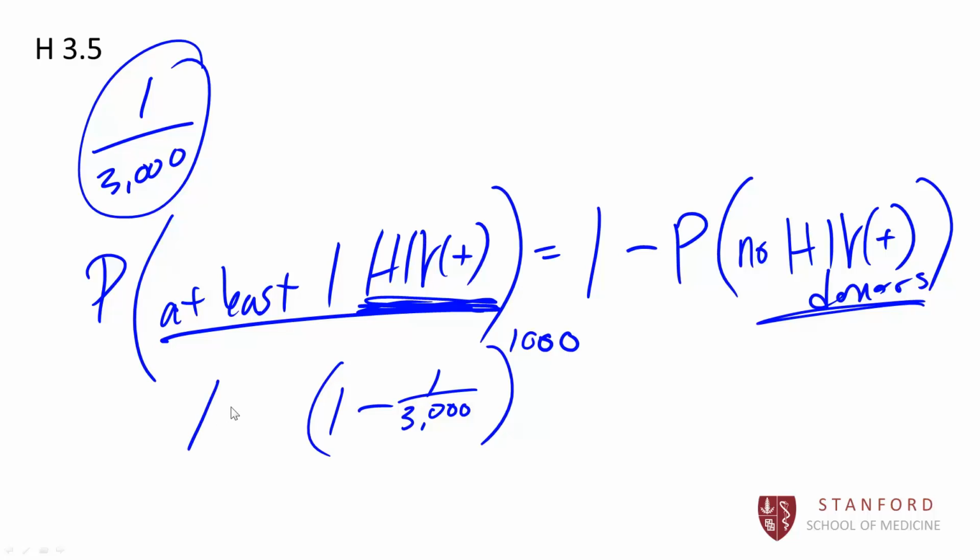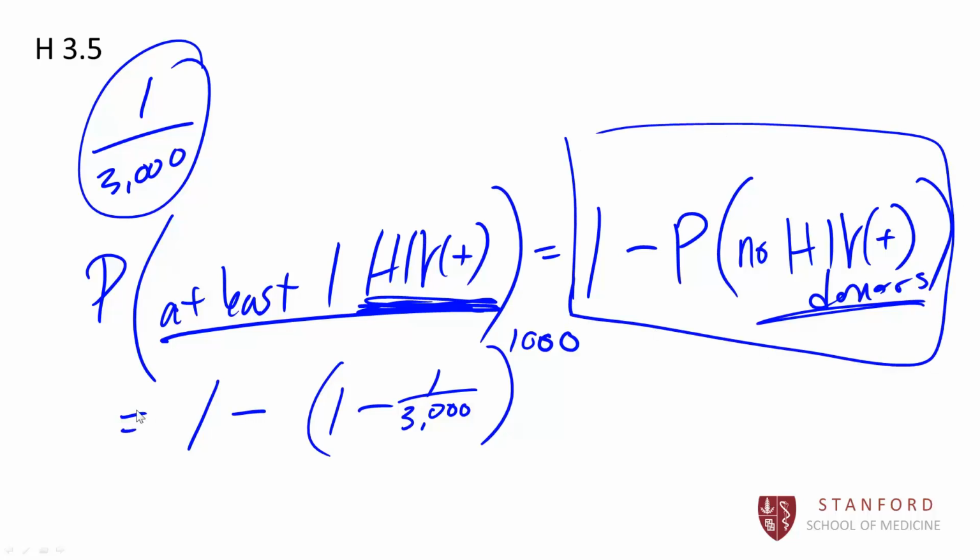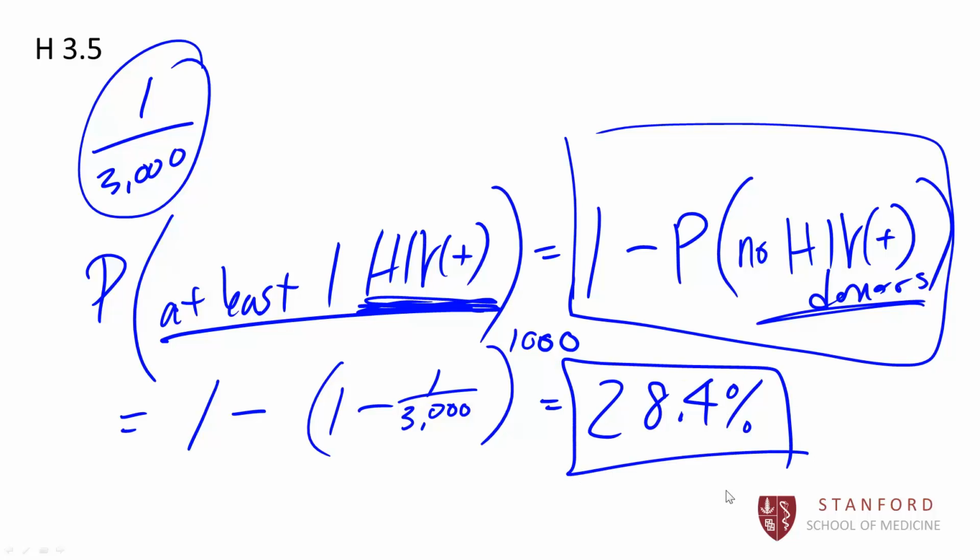And then I'm going to subtract all of that from 1 here to mimic this part of the equation, okay, to get the probability of having at least 1 HIV positive donor. So it's 1 minus the quantity 1 minus 1 over 3,000 raised to the 1,000. And that's going to equal 28.4%. And that ends homework 3.